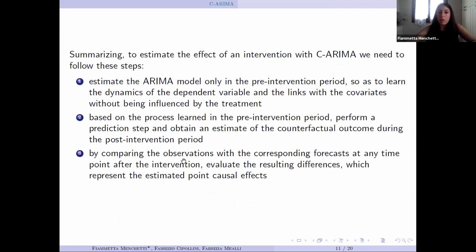And finally, by comparing the observed time series with the corresponding forecasts, you can evaluate the resulting differences, which will be the estimated point causal effects. Then you can use the results of the previous theorem to perform inference, to see if, for instance, your cumulative causal effect is significant or not.